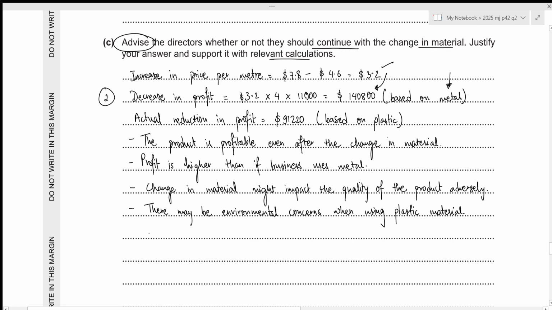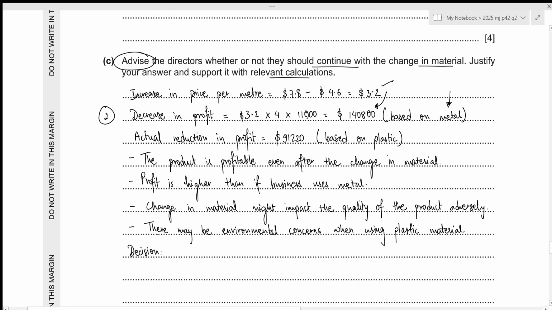All right. Now, based on these factors, we need to make a final decision. So I would advise the directors that they should not continue with the change in material because, again, the first thing is that the quality will be impacted, and as a result, the brand image may be damaged.